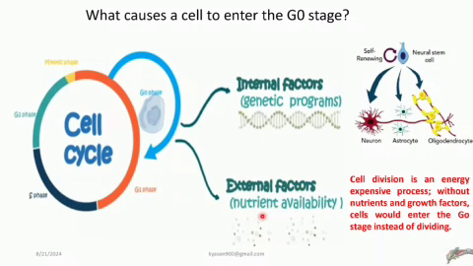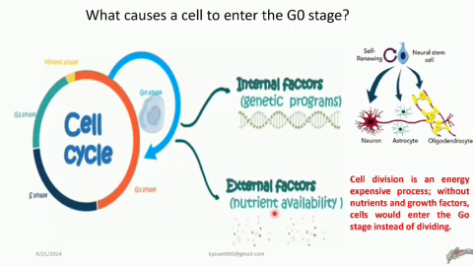For example, if there are not enough nutrients, you know that cell division is a process that requires many nutrients. ATP is required after breakdown of the nutrients. So if the nutrients are not available, of course, cell division will not go on. The cell will go into the G0 stage, the quiescent stage, the resting stage.